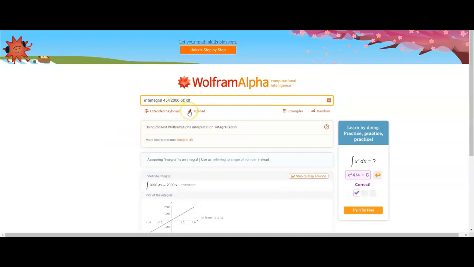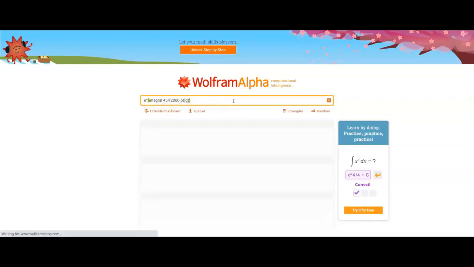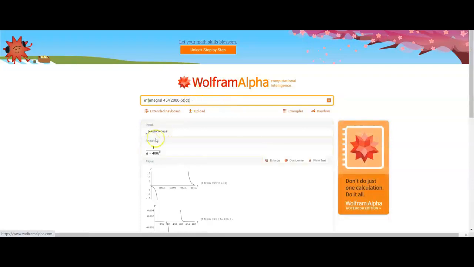And something seems to have caused a problem. Let's see, it might be this. Yeah, it might be that it needs to be in the exponent. And that looks right. e to the integral of 45 over 2,000 minus 5t comes out to 1 over t minus 400 to the ninth.